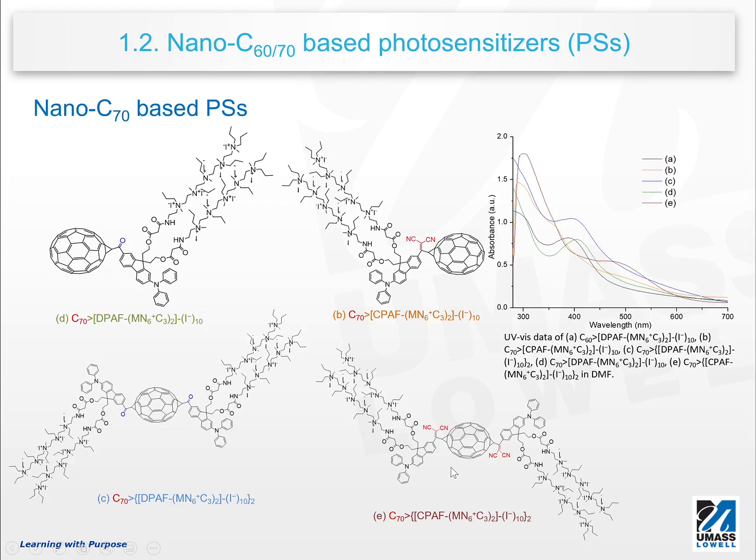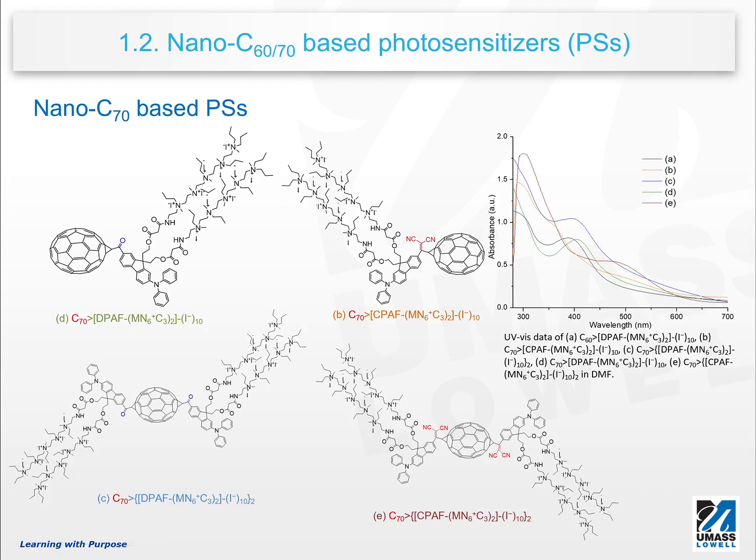And these two have two DPAF attached on the C70 molecule. And all of them have a cationic amino charged chain to increase their solubility and the targeting ability for the bacteria. And for their UV absorption spectrum, you can see the data corresponds to the C60 DPAF-based molecule.